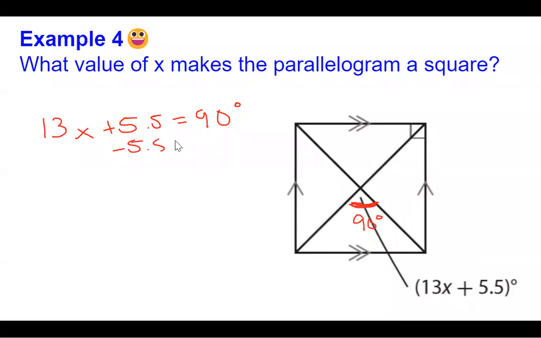Subtract 5.5. And we're left with 13x equals 84.5. And the last step, divide by 13. So we're left with x equals.